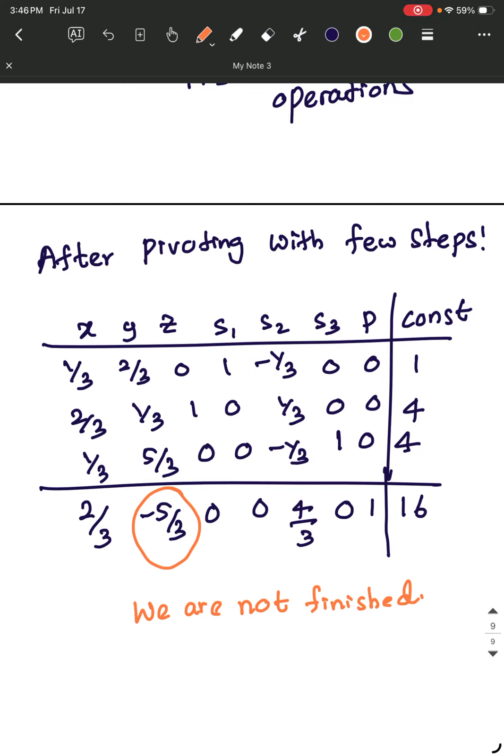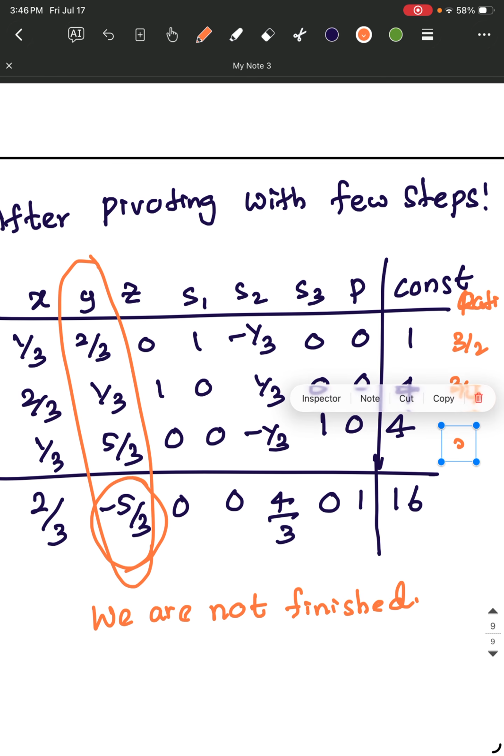So the next pivot column is y, and the ratios are 3 over 2, 3 over 4, 12 over 5. So the smallest positive ratio is 3 over 2.